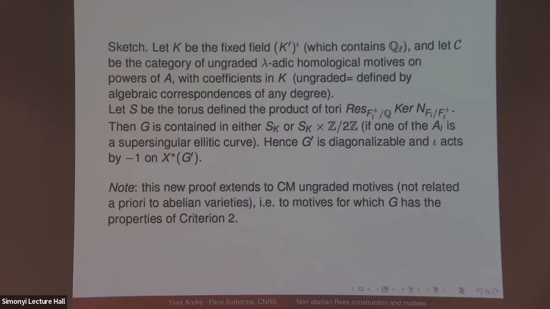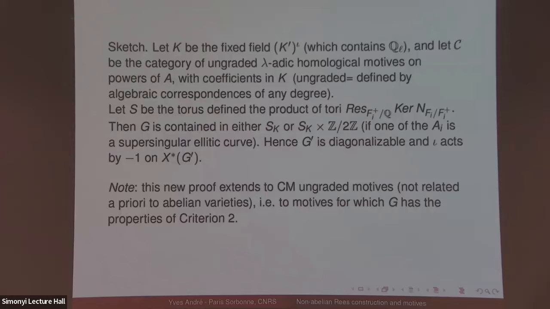Note that this new proof, unlike the previous proof, does not really use the special structure of the commutative abelian variety. So it extends to CM motifs, ungraded CM motifs, maybe a priori not related to abelian varieties, provided one can prove that G has this property, that it is compact.